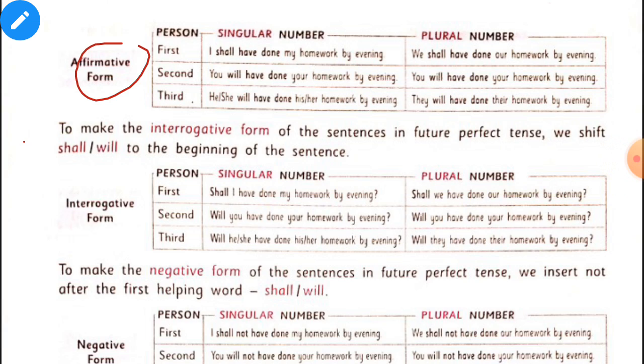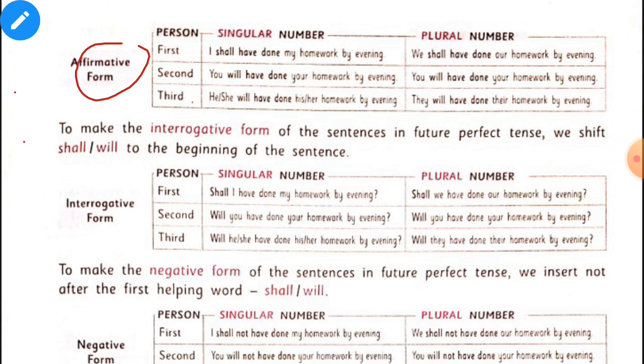In future perfect tense, we use shall have with only I and we, the first person only, and with all other subjects we use will have. Understood?